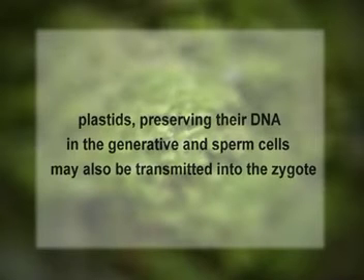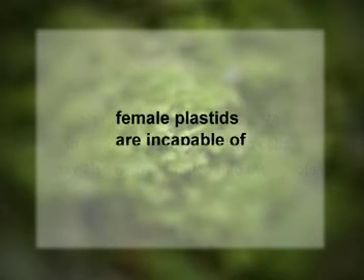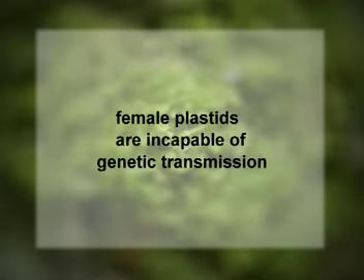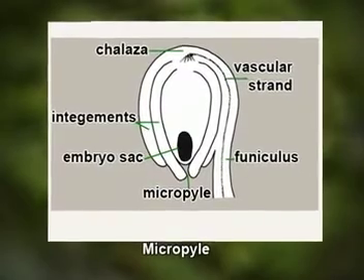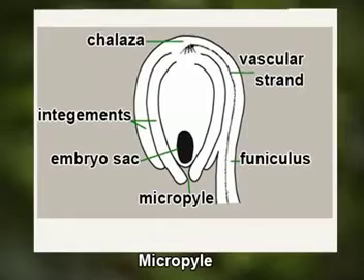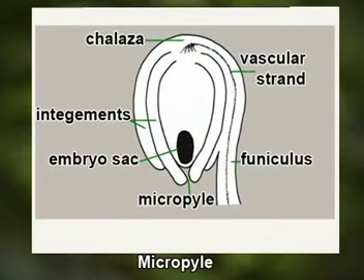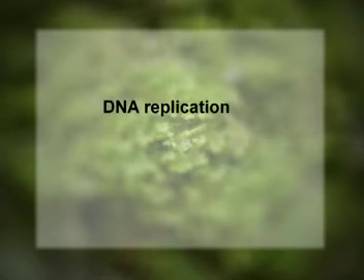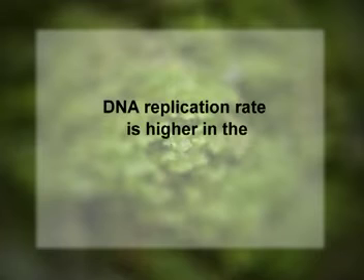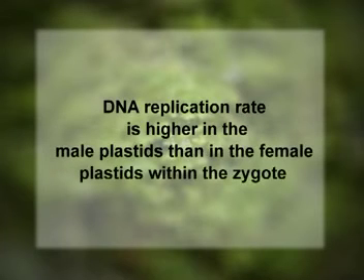On the other hand, the female plastids are incapable of genetic transmission. This mechanism is concerned with the fact that the egg is highly vacuolated, in which most plastids are positioned in the micropolar end. In addition, the DNA replication rate is higher in the male plastids than in the female plastids within the zygote.